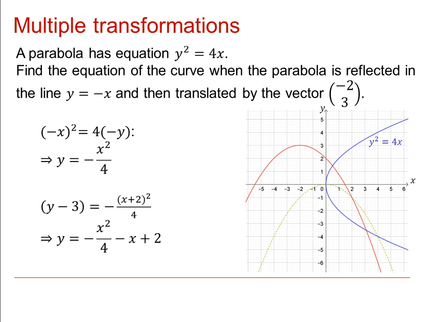So here, just going through it very quickly again then, we had that x mapped onto minus y and y mapped onto negative x when we did a reflection in the line y equals minus x, which gave this equation y equals minus x squared over 4. We can see it on the diagram here. This is y is equal to minus x squared over 4.